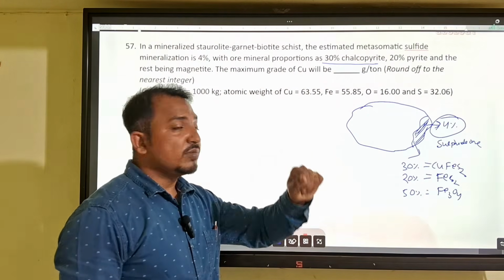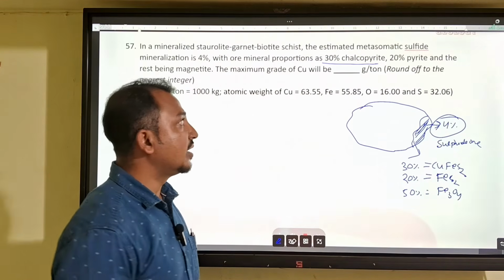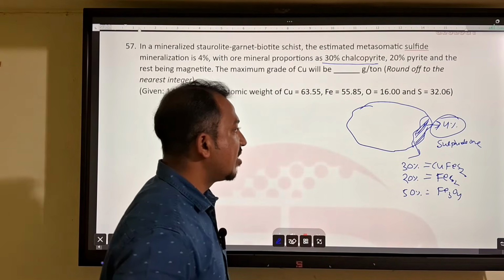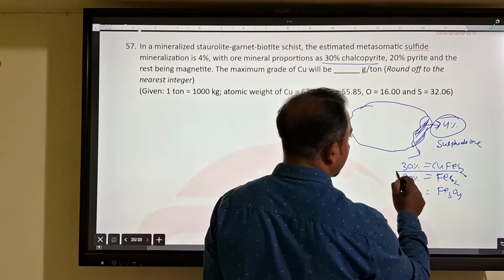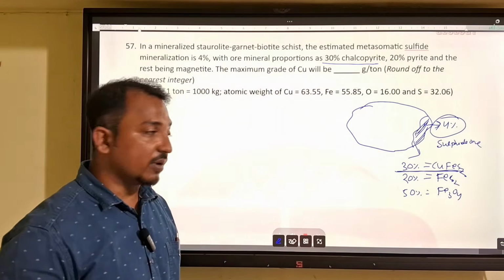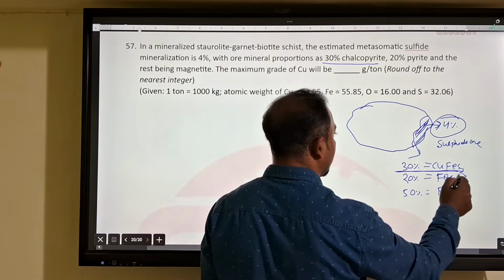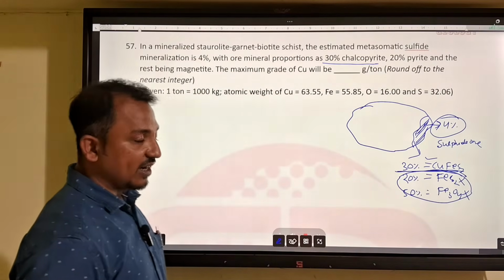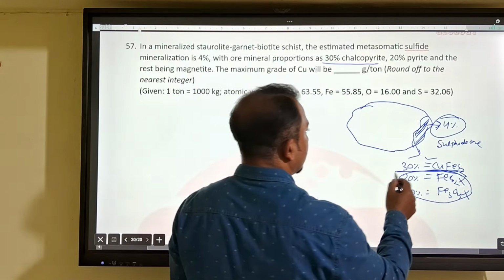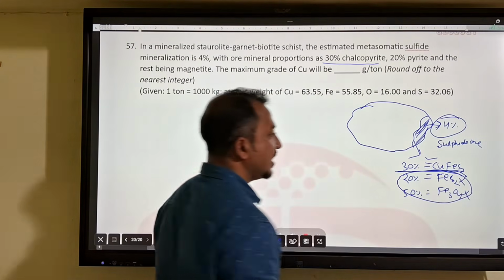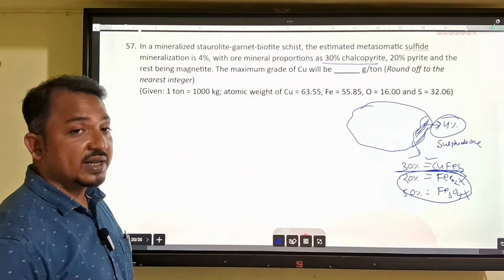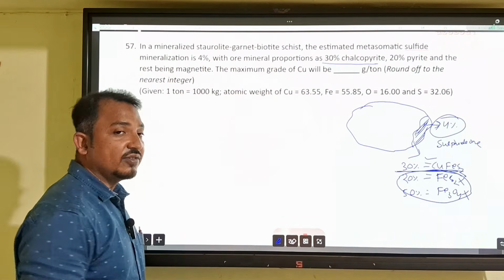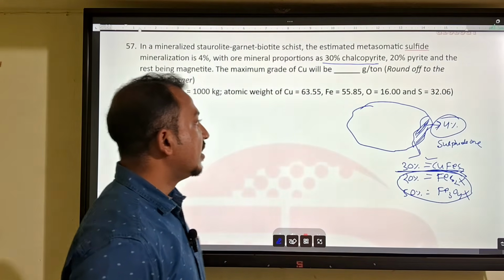So we have to calculate the maximum grade of copper, that will be in gram per ton. From this 4% of sulfide, only this chalcopyrite contributes copper. These two do not contribute copper, so we will not calculate these two. The only copper is present in chalcopyrite. So we have 30% of chalcopyrite in the sulfide ore. First we will see what is the fraction of copper present in chalcopyrite.